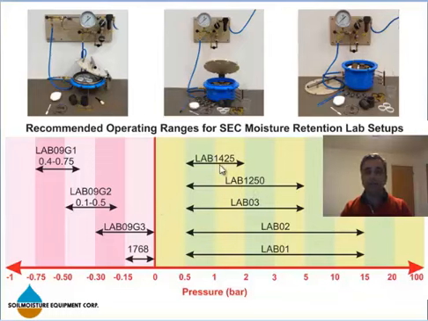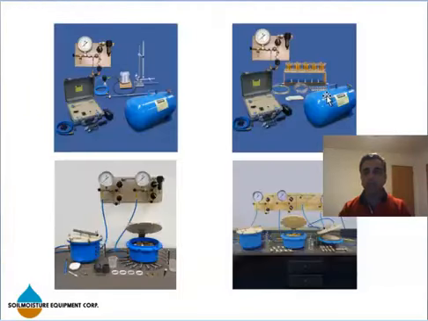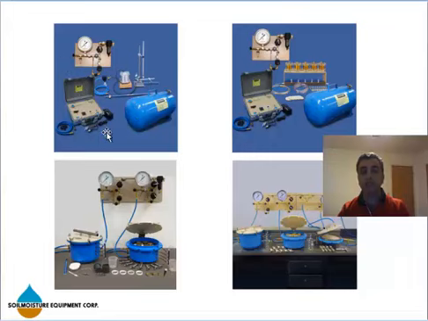Before I go over the vacuum options, let me show you some pictures of lab 1250 and lab 1425 on our pressure side. Lab 1425 is our Tempe cell system, and lab 1250 is our 0 to 5 bar hysteresis system. The cell here is 5 inches in diameter and 6 inches in height.